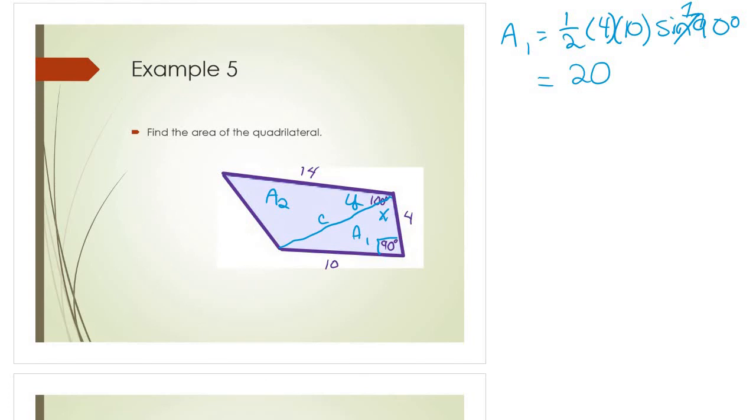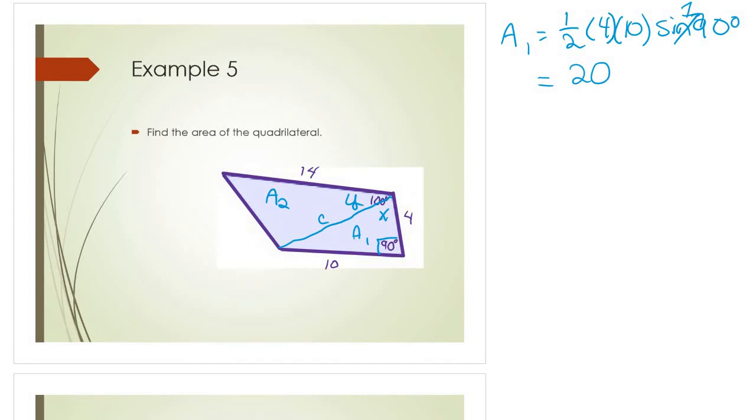Now the problem comes in the second triangle, we have one side and that's it. So the 100 degrees is not evenly divided. We don't know how it is divided, so we got to figure that out. So I'm going to find X first. So I'll do the work on the left of the figure.